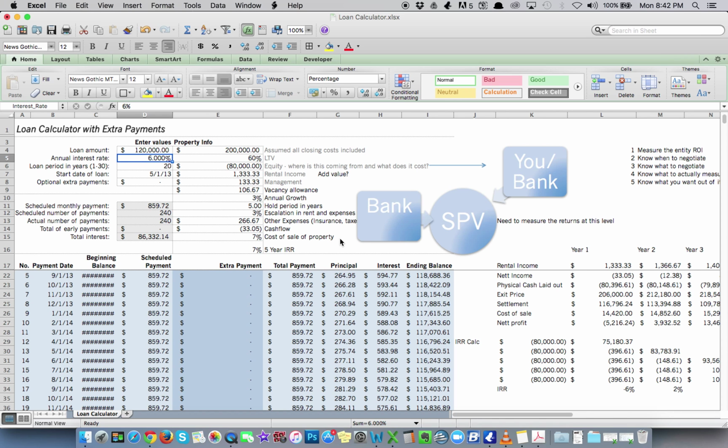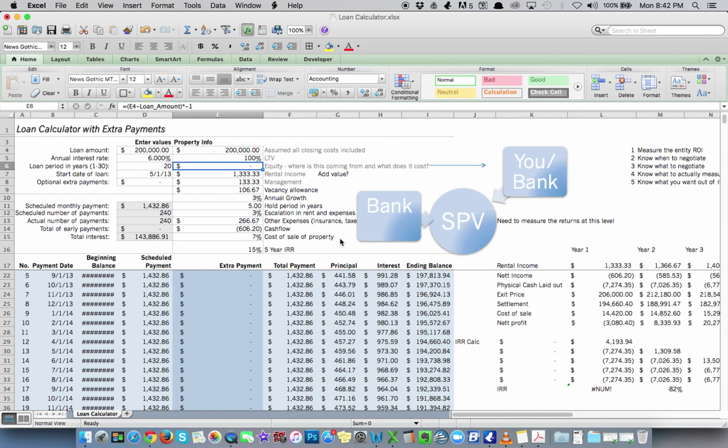Let's take another example. Let's say we could theoretically finance the entire amount. So let's say we get 100% loan to value. So this is closing costs, everything. Look at what happened to the internal rate of return. It went up to 15%. Because what it's doing is it's measuring how much physical cash we're laying out in order to acquire this property.